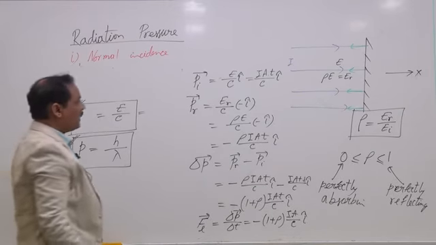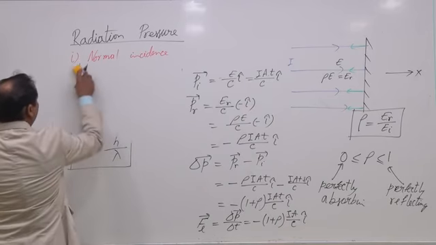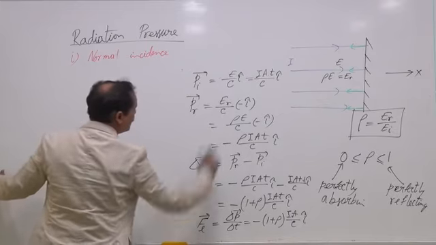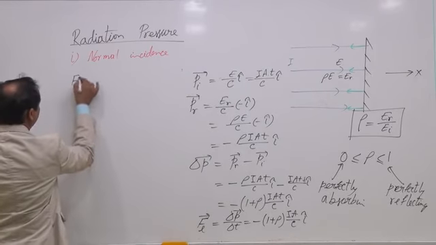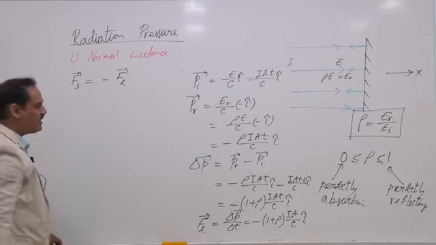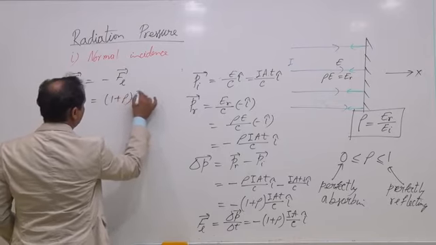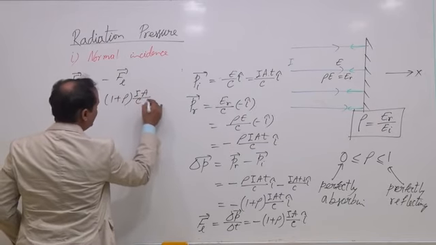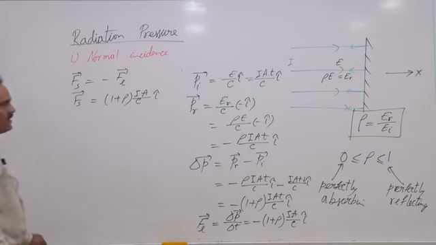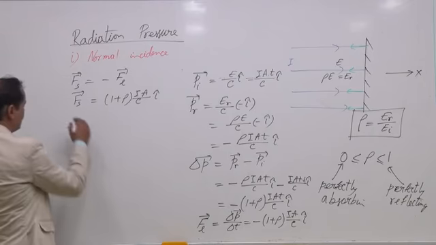Now, according to Newton's third law, light and the surface will experience equal and opposite force. So the force experienced by the surface is equal to minus the force experienced by light. So from here we can write (1 plus rho) IA by C i cap. This is the force experienced by the surface, and the force is normal to the surface.